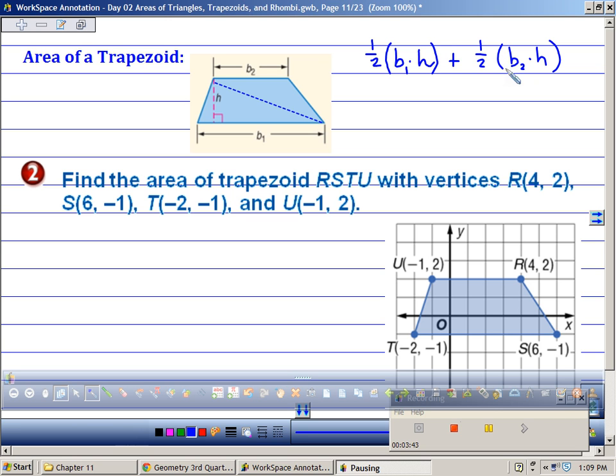Don't these have a common factor, or a couple of them actually? What do they have in common? They have a half, and what else? A height. When I pull out a half and a height, what do I have left? There's your formula.